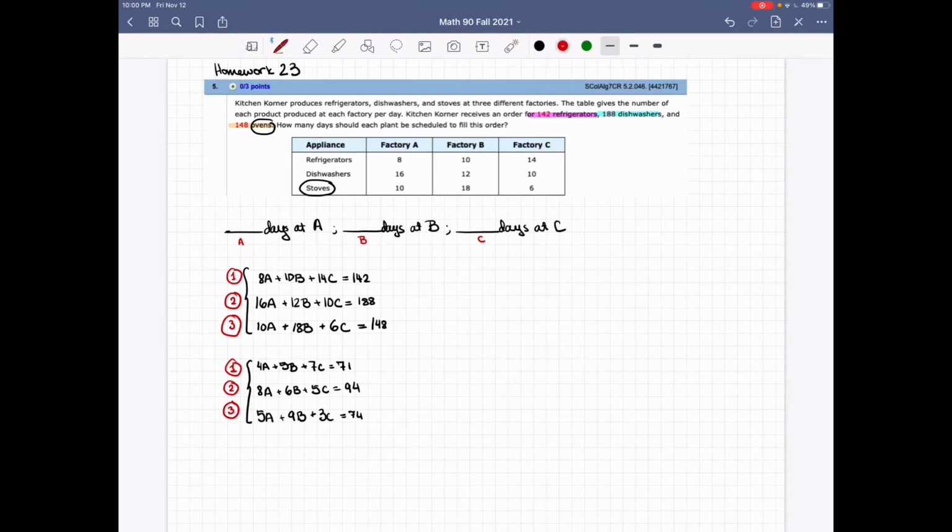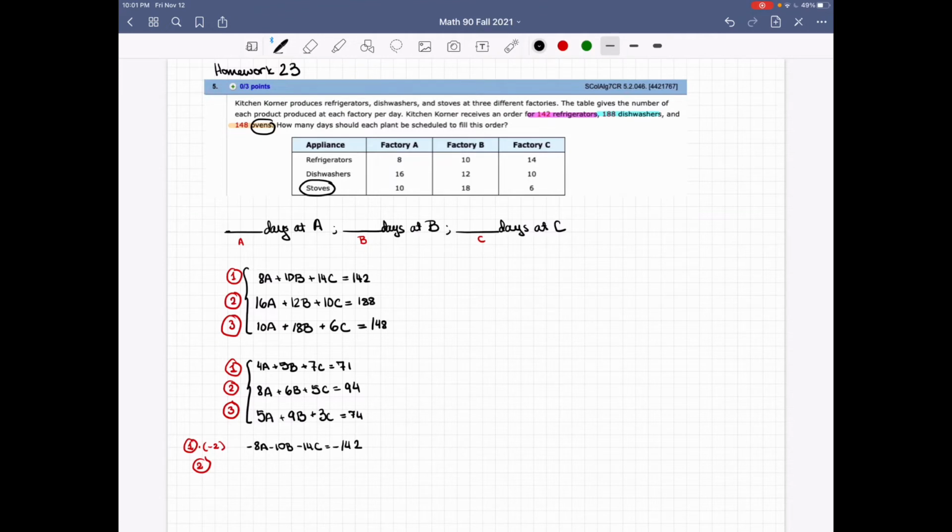To do this, I'm going to take the first equation and multiply it by -2, and then add that to the second equation. So that gets me -8a minus 10b minus 14c is equal to -142.